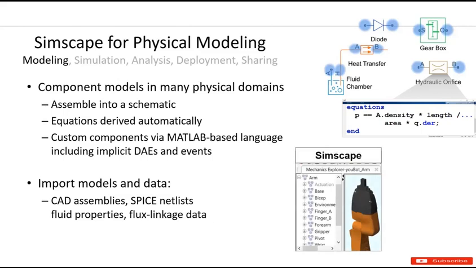Also, another good thing about Simscape is that you can import your CAD models into the Simscape platform. CAD is a very popular tool for mechanical system design. So if you have already created a mechanical design of your model in CAD, then you can import those models into Simscape and automatically convert those CAD blocks into Simscape equivalent blocks.